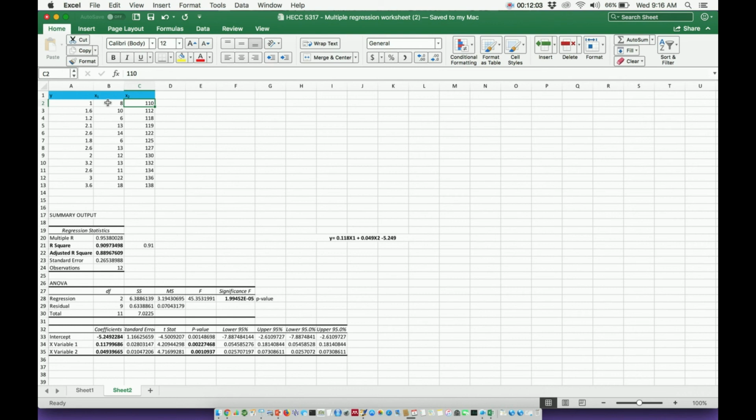That means 91% of the time, if I want to predict this y variable, whatever it happens to be, all I need are two x variables. 9% of the time, because 100% minus 91% is 9%, there's another variable that's a predictor. There might be some other x3 or x4 that I didn't measure that helps predict it 9% of the time. But 91% of the time, these two x variables predict the y variable.